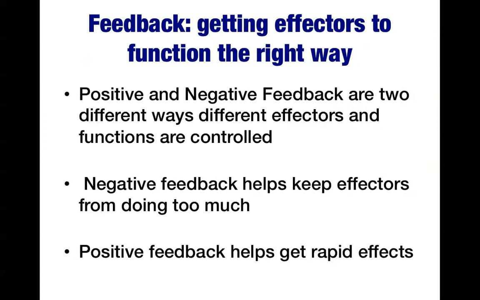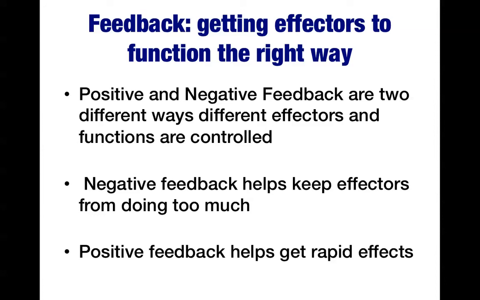Our bodies use negative feedback mechanisms and positive feedback mechanisms to make sure that the effectors function with the type of response and the timing that is needed. The negative feedback response helps stop effectors from doing too much. On the flip side, positive feedback can get effectors to generate very intense and rapid effects.